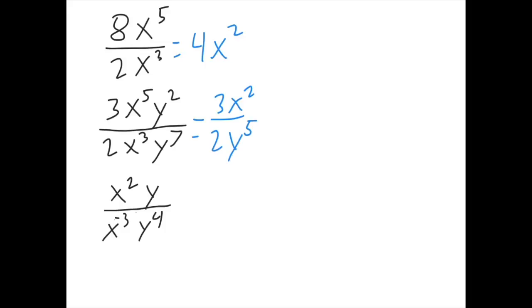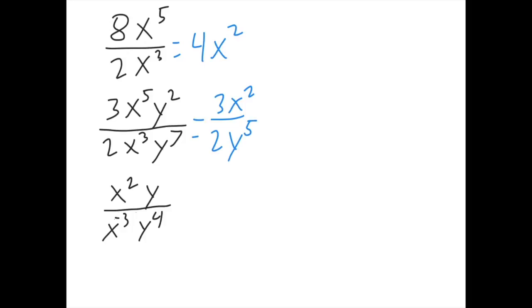We have x squared y over x to the negative 3 y to the 4th. When you see a negative anywhere, if it's on top, bring it to the bottom. If it's on bottom, bring it to the top. So here we have x to the negative 3.